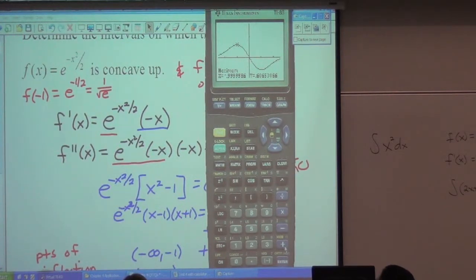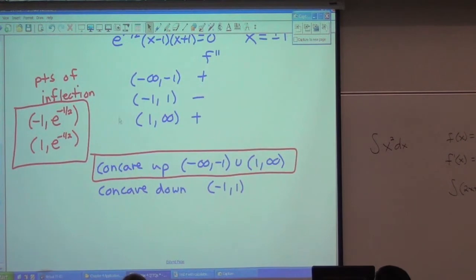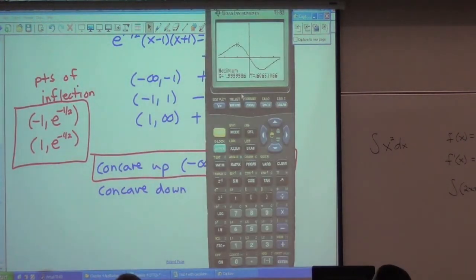Because when the derivative is 0, the second derivative is the derivative of this. When the second derivative is 0, the derivative should be changing direction. When the first derivative is going up, it tells us the second derivative is positive. That bears with it here.